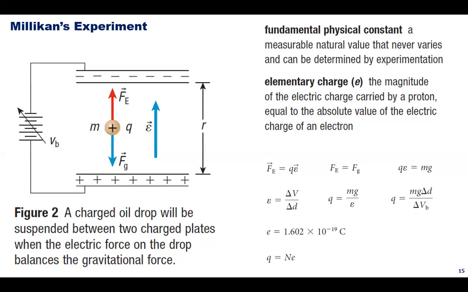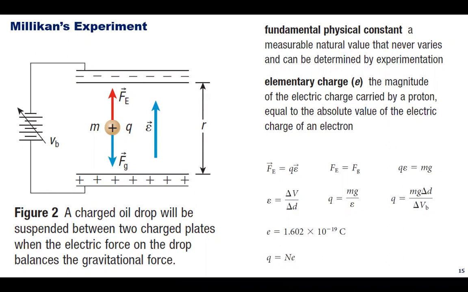Millikan connected the plates to a series of adjustable batteries so that he could adjust the magnitude of the electric field and therefore the electric force on the droplets. By adjusting the electric force to balance the downward gravitational force, Millikan could bring a charged drop of oil to rest in the region between the plates, which is shown here in figure 2.